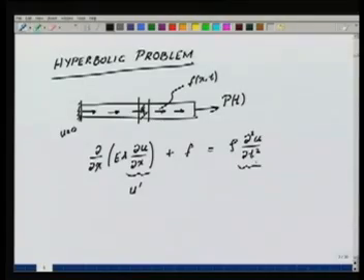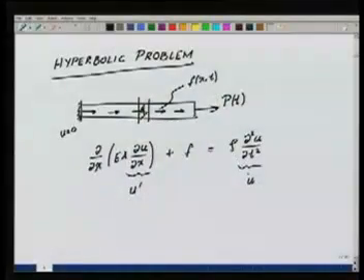Wherever I have a derivative with respect to time, I will also use dots. So a dot means derivative with respect to time, two dots a second derivative with respect to time, and a prime will mean a derivative with respect to x, the spatial derivative. So this is the equation of motion for the bar problem.